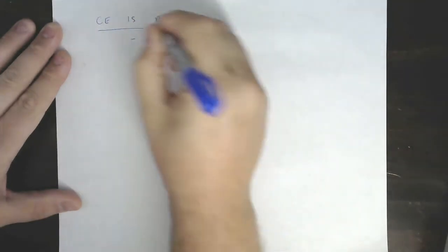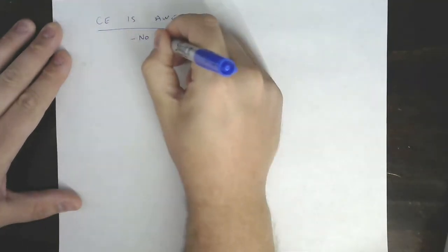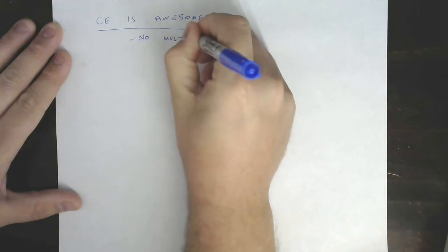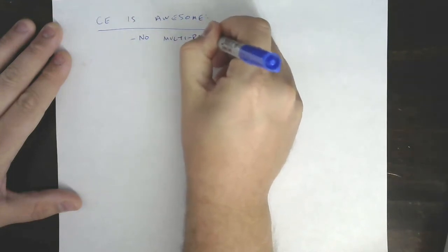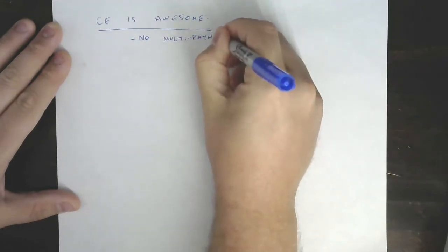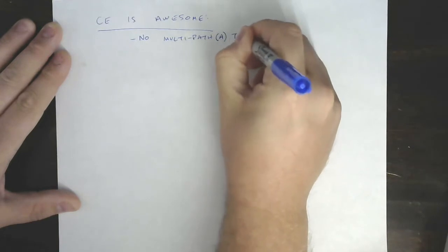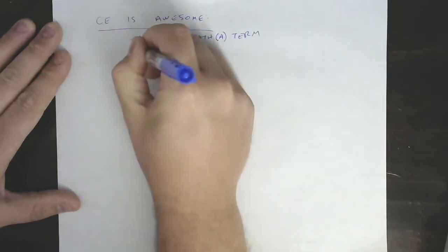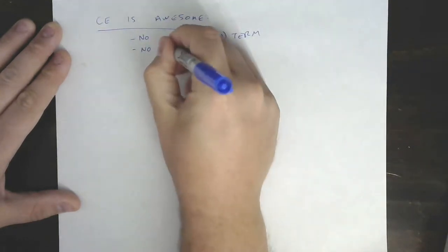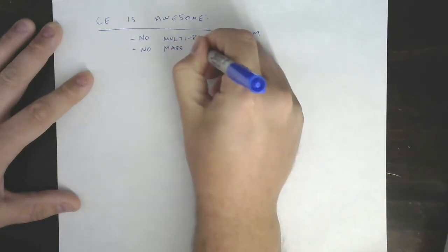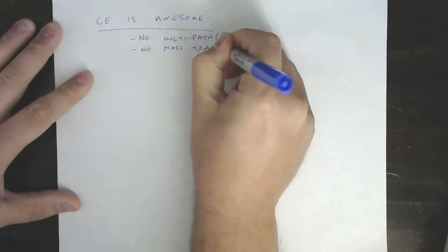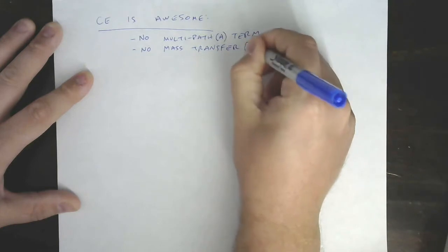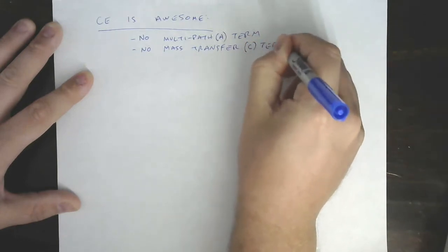CE has no multi-path or eddy diffusion term in the Van Deemter equation, so no A term. It has no mass transfer term, or what we call the C term in the Van Deemter equation.